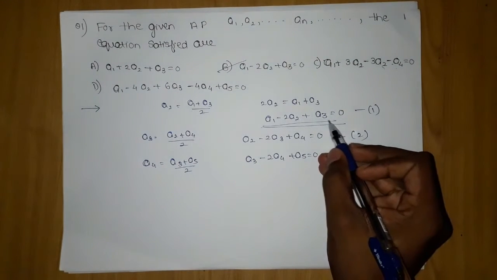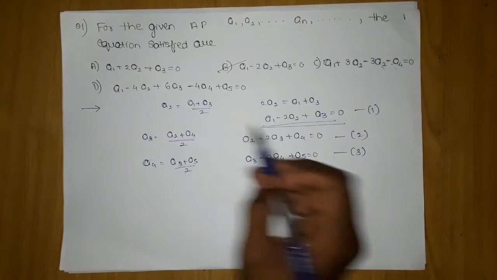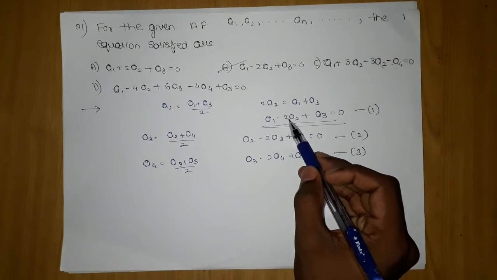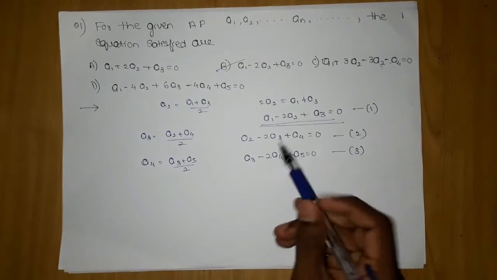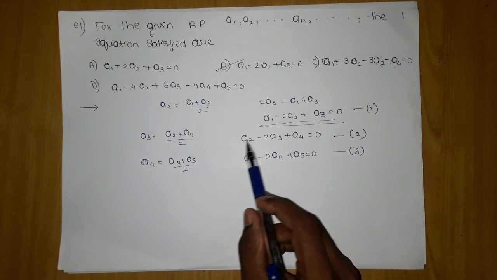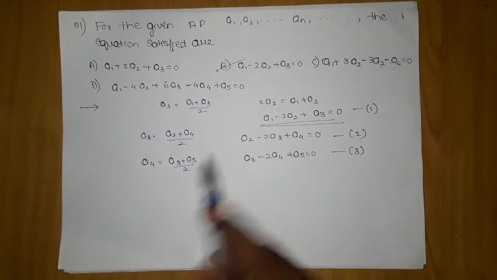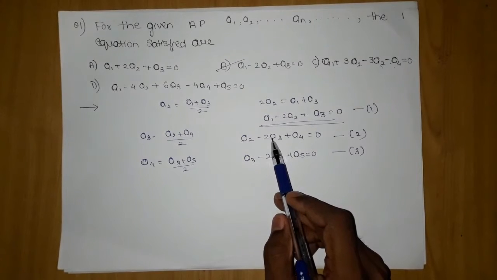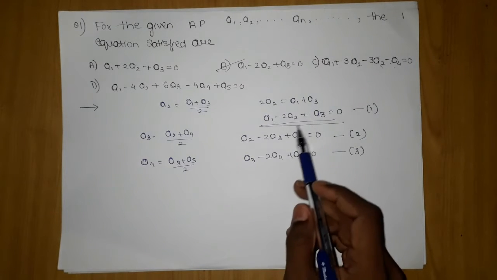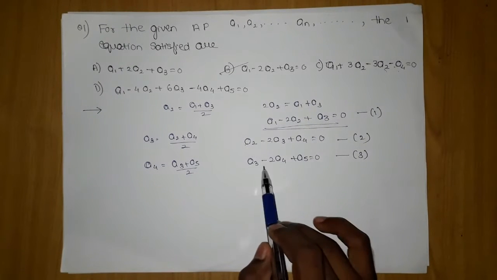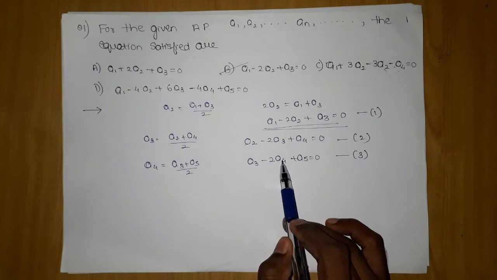Here A1 is as it is, then I should have minus 4 times A2. So if I multiply this one and subtract, I will get minus 4A2. And it should be plus 6A3. So what should I do to create plus 6A3?